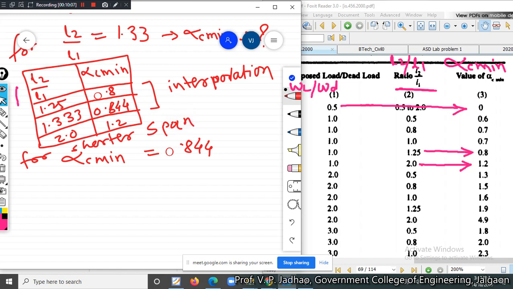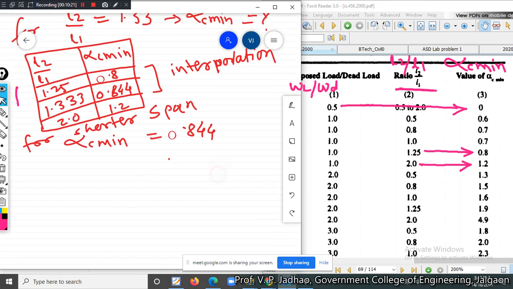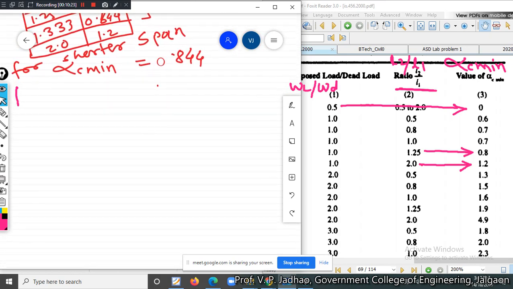But this value of alpha C minimum we have calculated for the L2 upon L1 ratio. Now we have to calculate this value of alpha C minimum for the WL upon WD ratio. Now again we'll draw the same type of table.